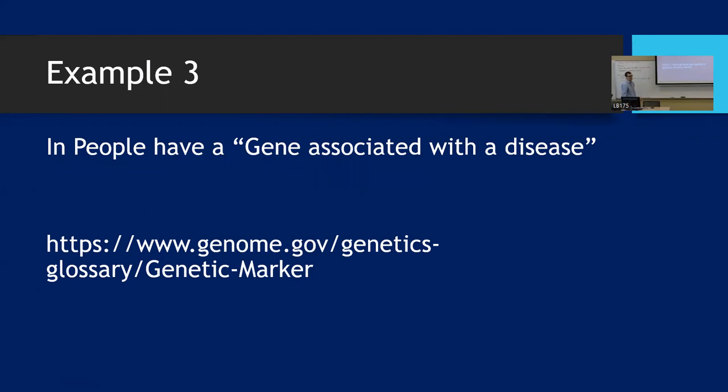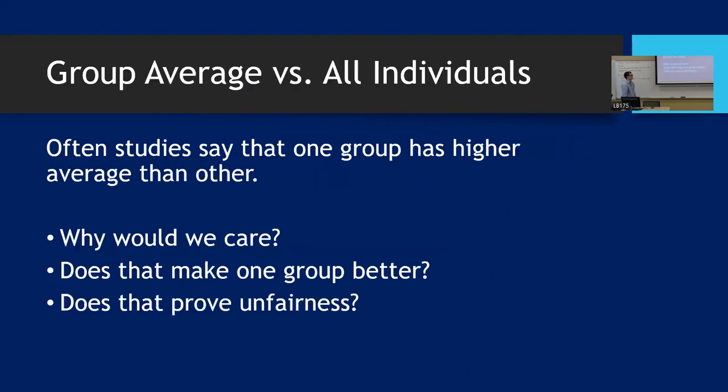It's not always 100% of these people have the disease and 0% don't. A lot of times, even with this genetic stuff, which you might think must be a direct cause, it's actually a little bit more complicated than that. Even then, it's a higher likelihood.